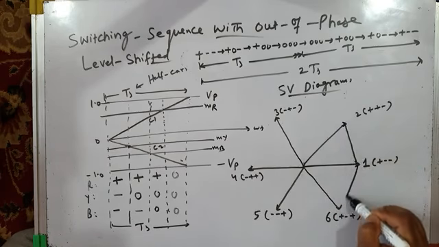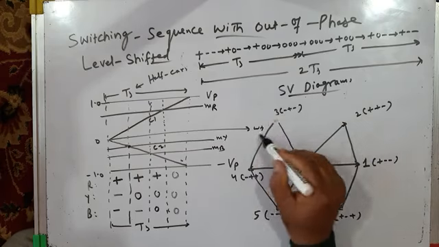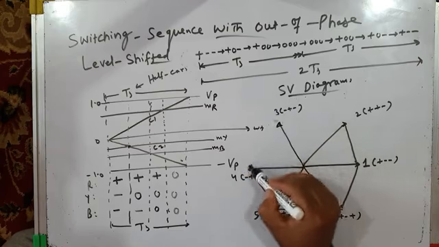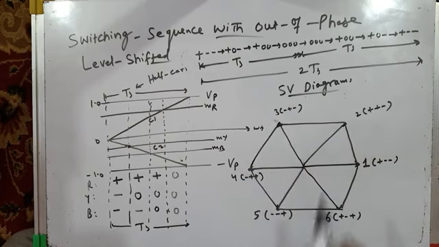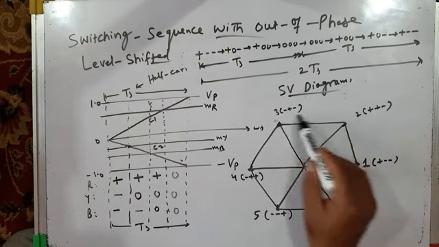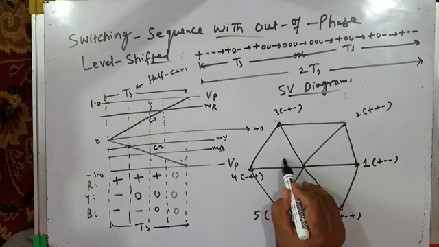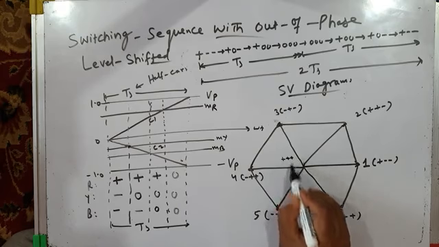Okay, let me join these. It will form a hexagon like this. In a 3-level inverter, in addition to these 6 active voltage vectors, you will have zero voltage vectors: plus plus plus, 0 0 0, minus minus minus.